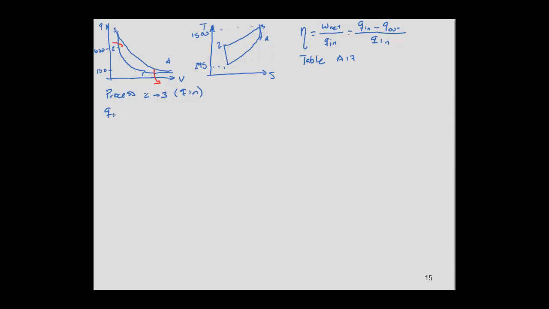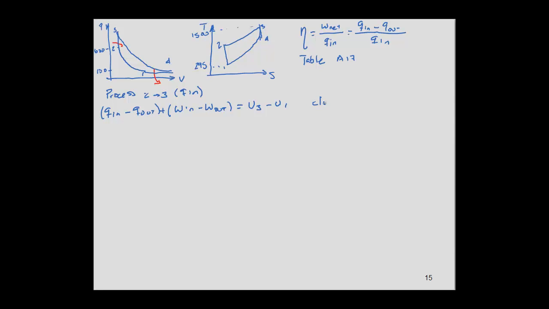We notice Q in minus Q out plus work in minus work out equal U3, which is the end, minus U1.